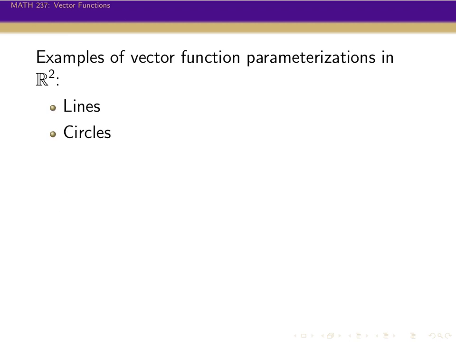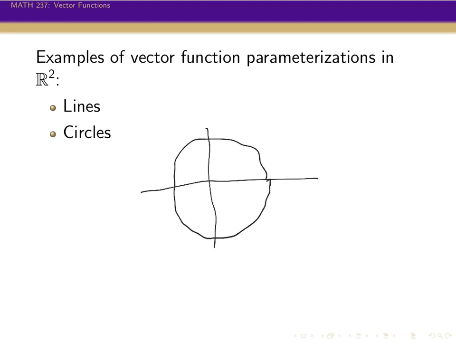Circles. This is something that we haven't called a parameterization, but you're actually very familiar with this. So let's start off with the unit circle. If this is the unit circle, how do we think about points on the unit circle? Often we think about them as breaking it down into cosine and sine of some angle. Deep down, what's going on here?